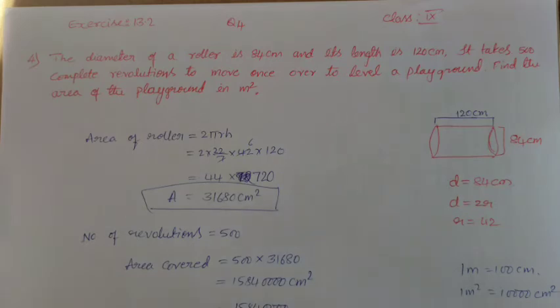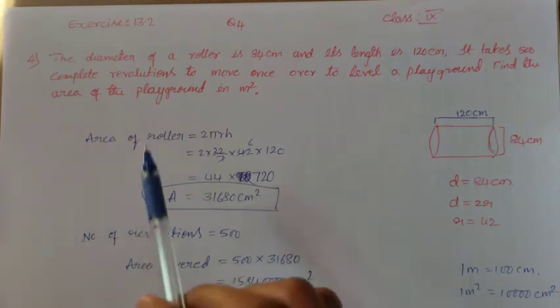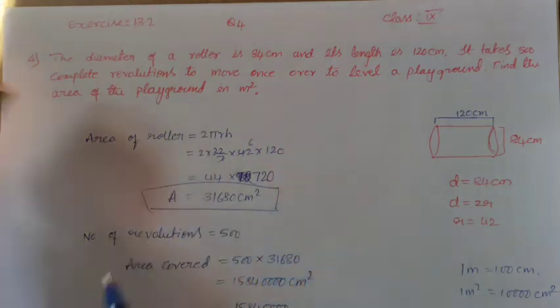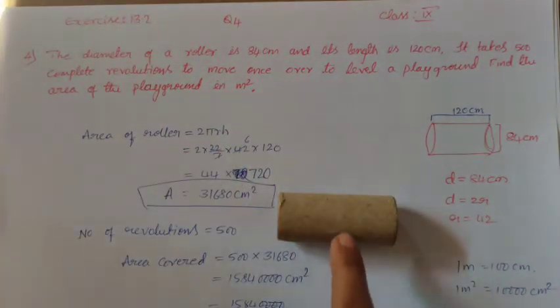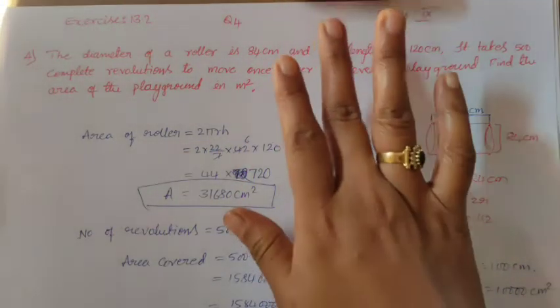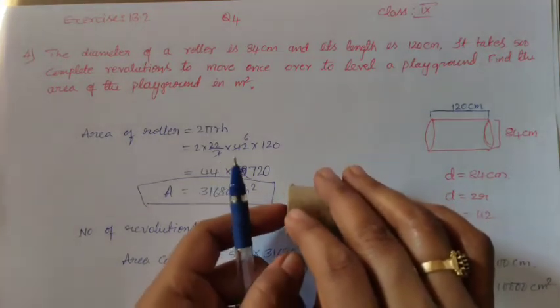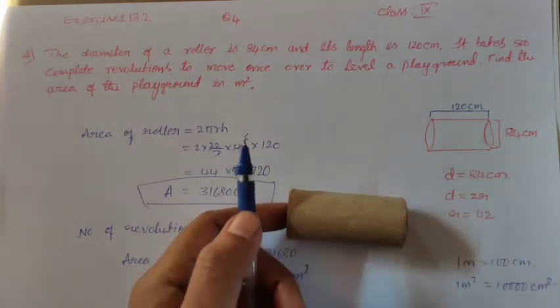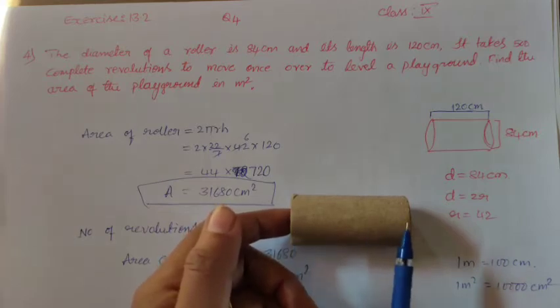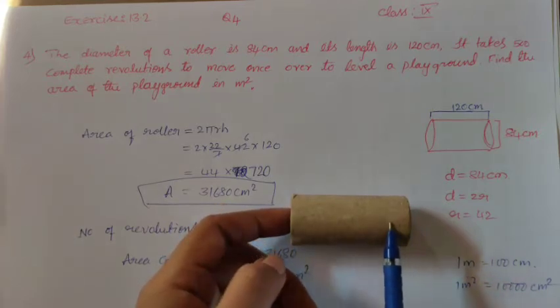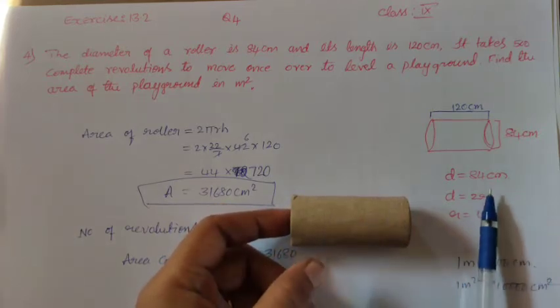So what is given here? The diameter of a roller, you look at this one, this is a roller.